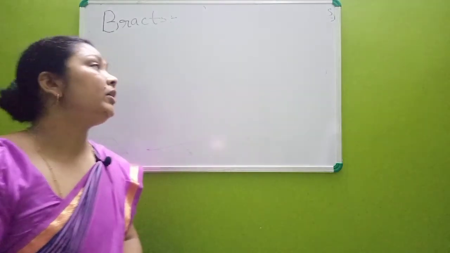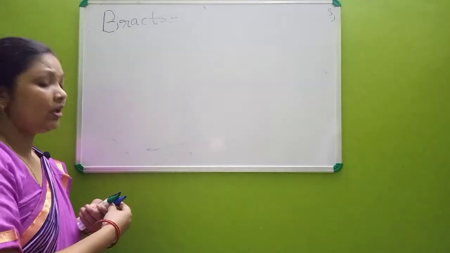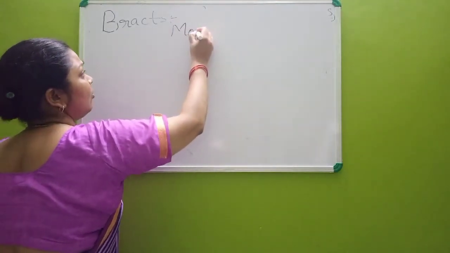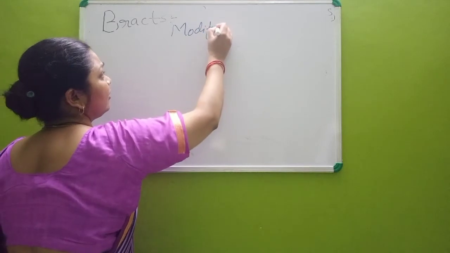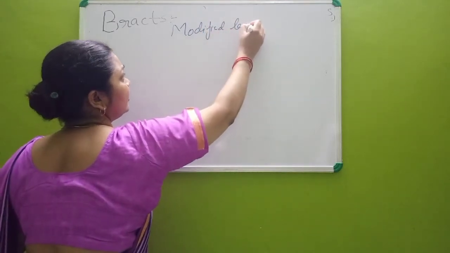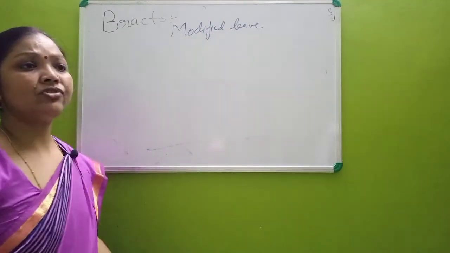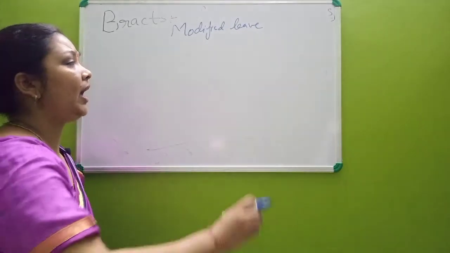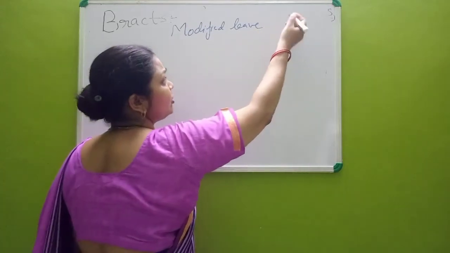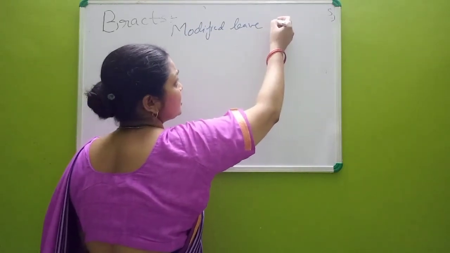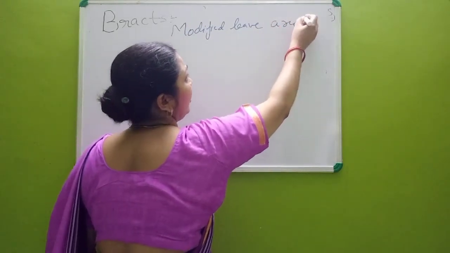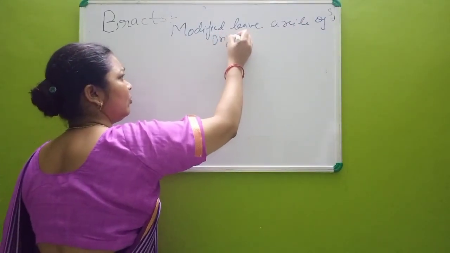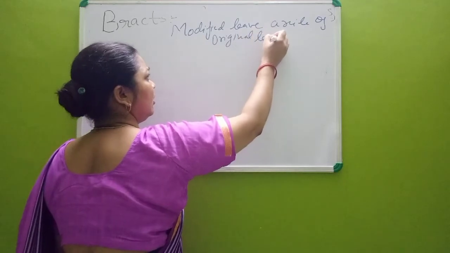Now, what is a bract actually? A bract is nothing but a modified leaf which arises from the axil of the original leaf.